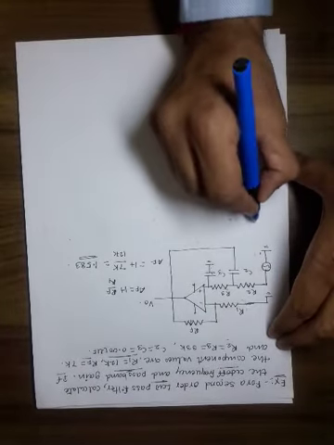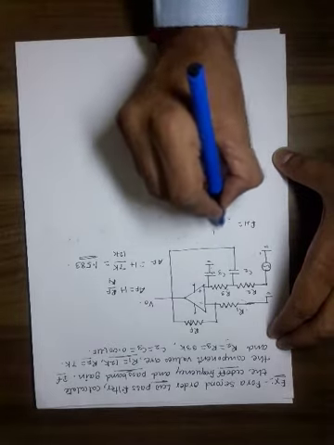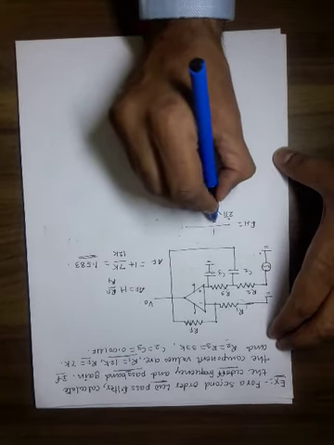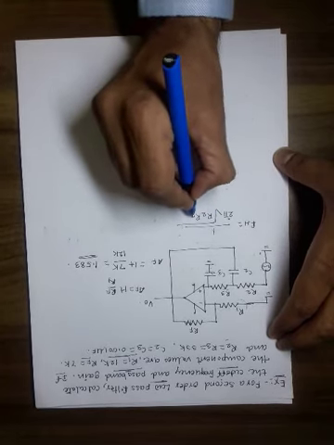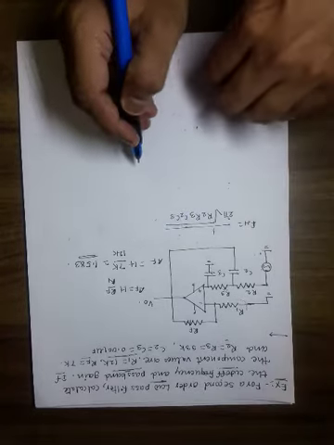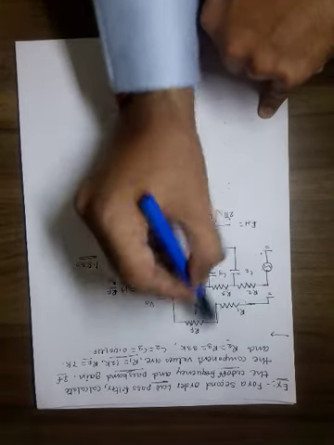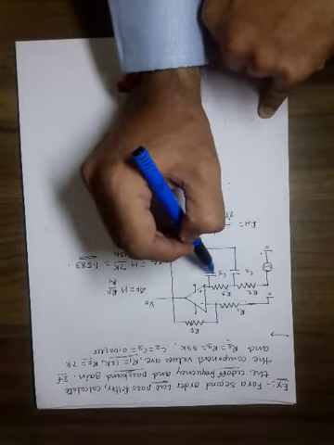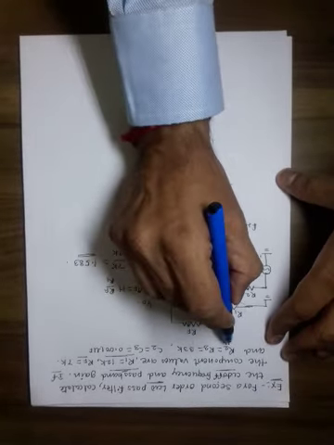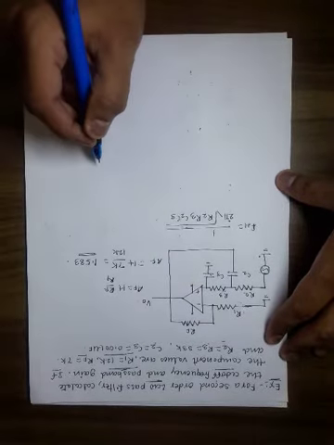Second parameter is the cutoff frequency, FH. For a second order filter, the cutoff frequency FH formula is 1 upon 2 pi under root of R2 R3 C2 C3. Sometimes this notation may differ. R2 means this one, R3 means this one, C2 C3 this one. Here again the same relations: R2 equals R3 equals 33K, C2 equals C3 equals 0.001 microfarad.